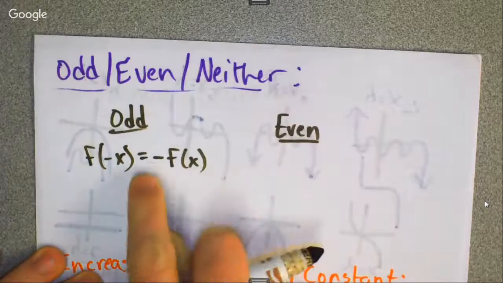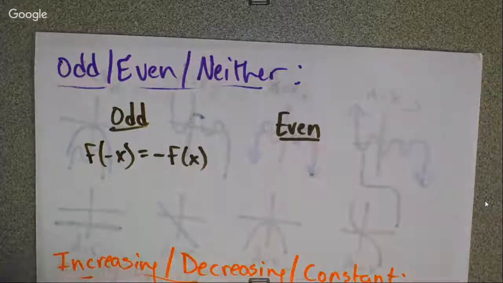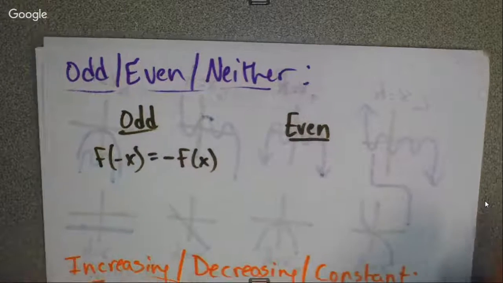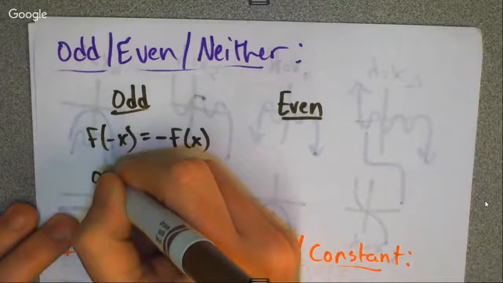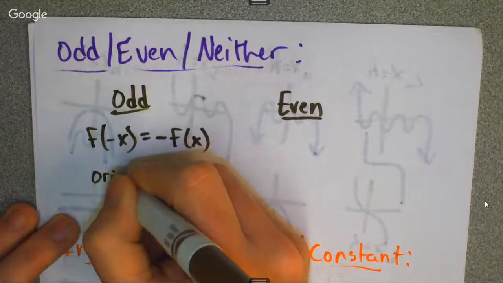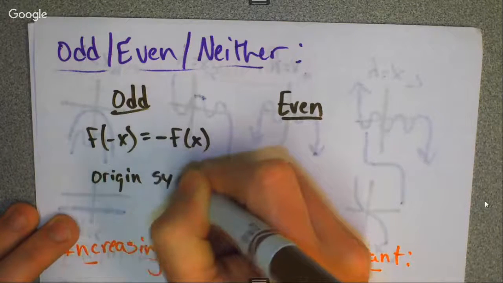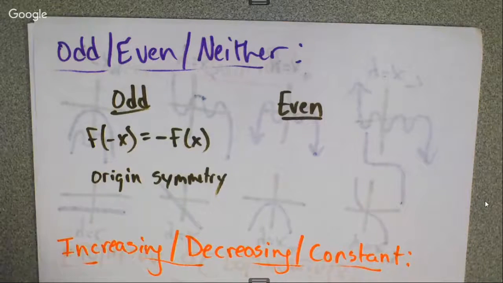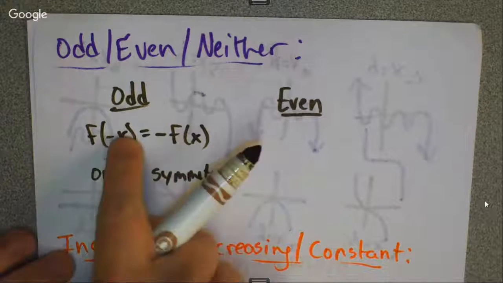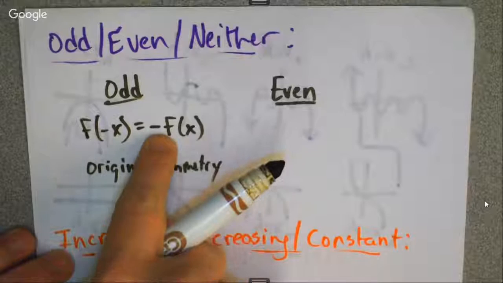So it will be the opposite of the original. Okay, this also has symmetry about the origin. Okay, so that's an odd function. You plug in negative x, and you get out the opposite of the function.